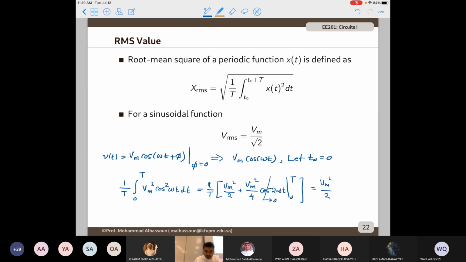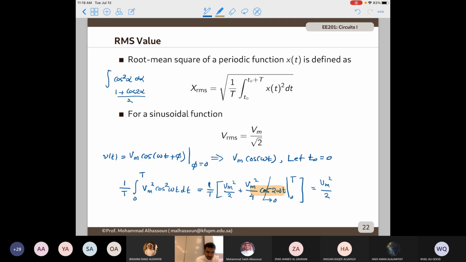So why is this term 0? Because if you take any sinusoidal function and integrate it over one period, remember cosine squared of alpha is going to be 1 plus cosine 2 alpha, divided by 2.